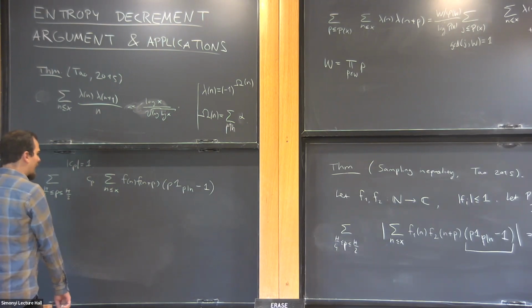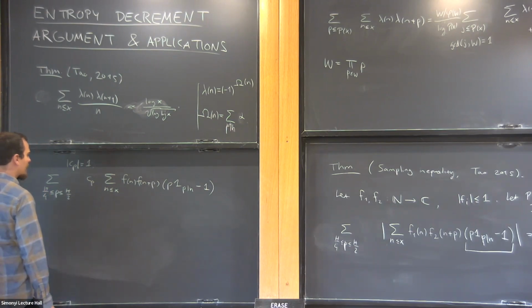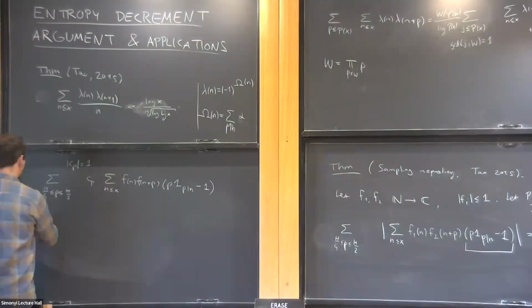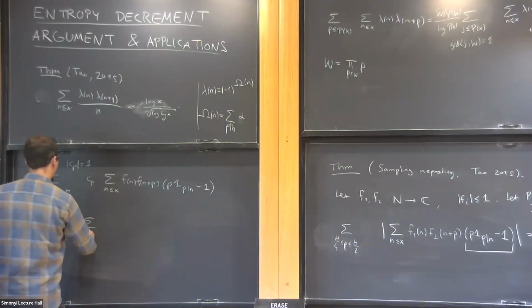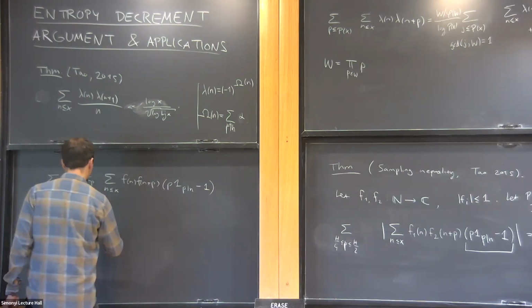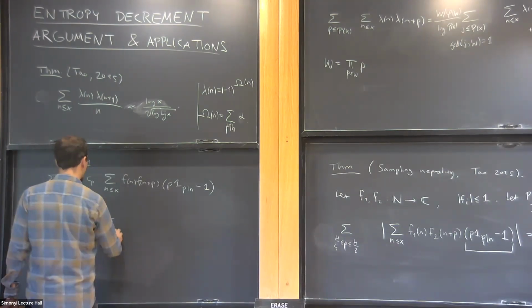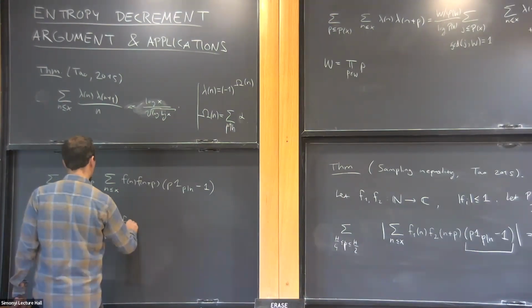Okay, so let's introduce an extra average here. Let's average over j and shift the average by j.